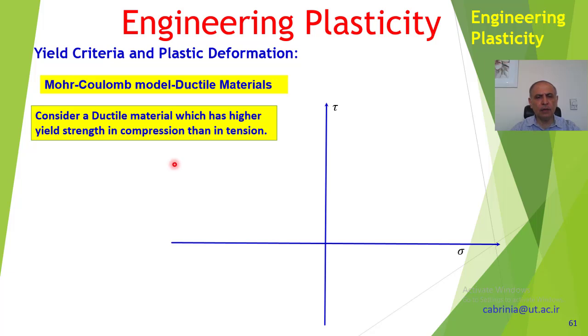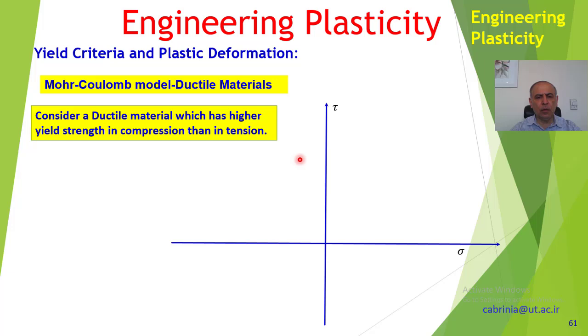For instance, for the civil engineers, the cement material, usually the compression strength is higher than the tensile strength.